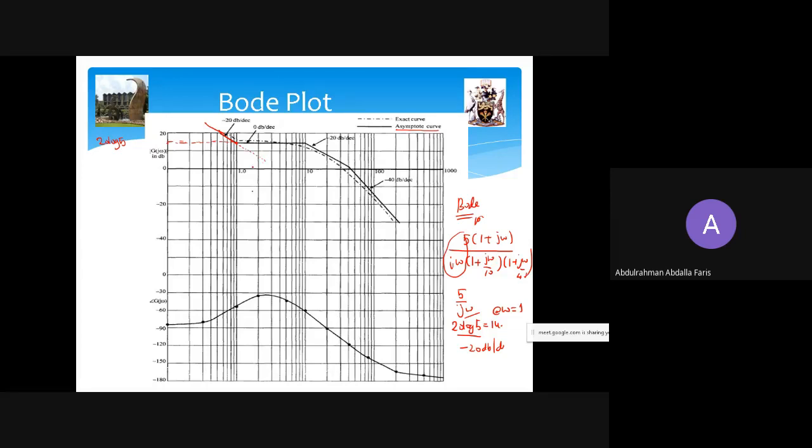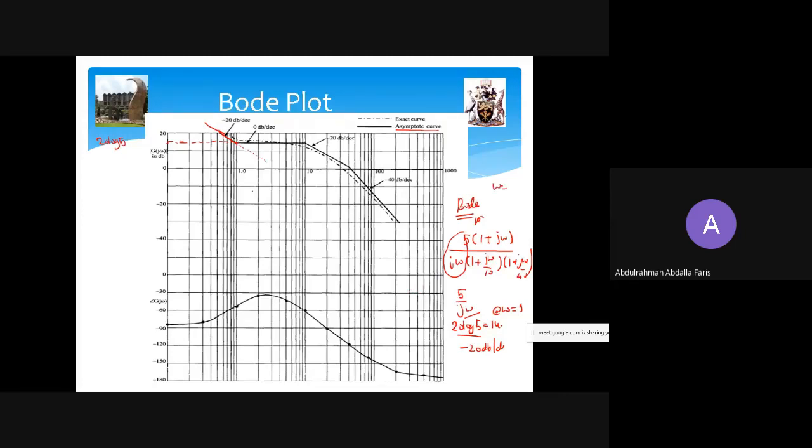Okay. So that line will move until it reaches the next corner frequency. The next corner frequency is what?